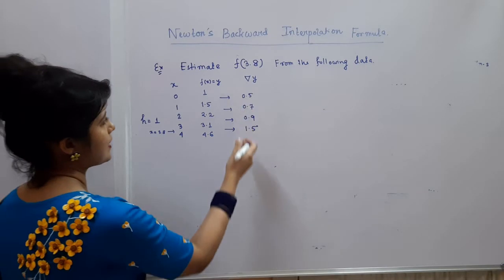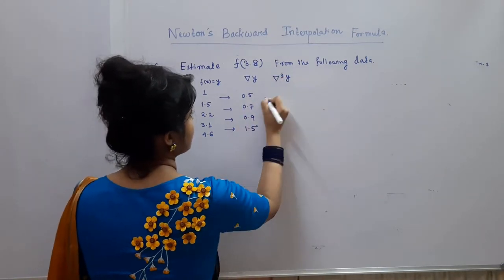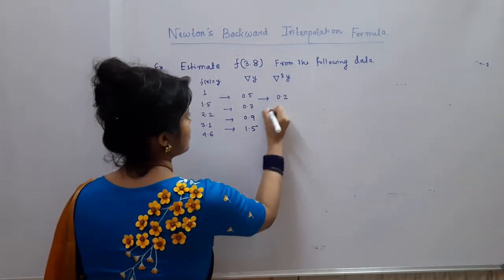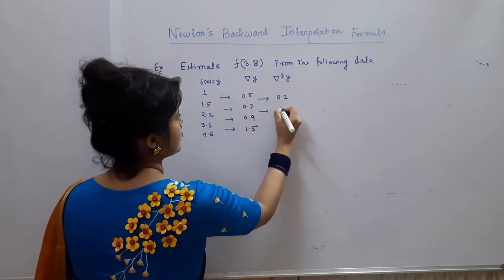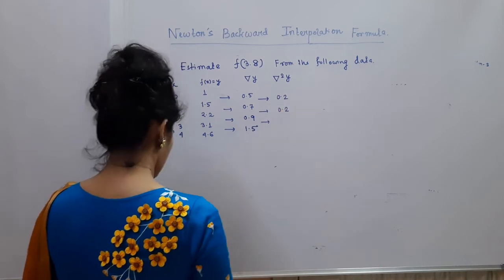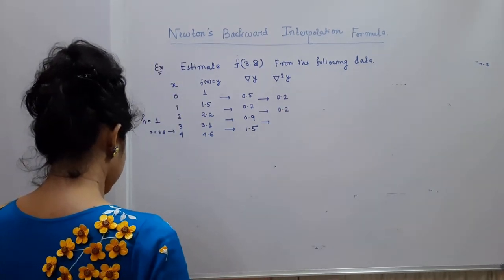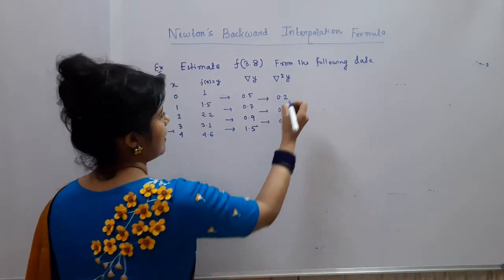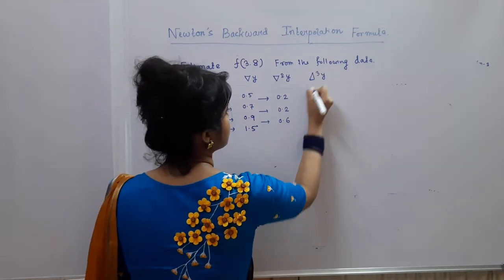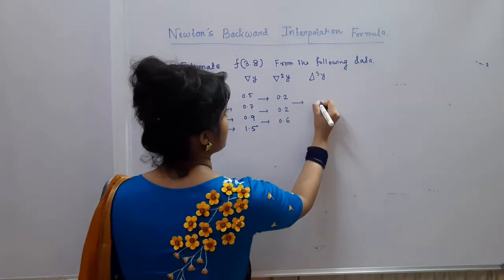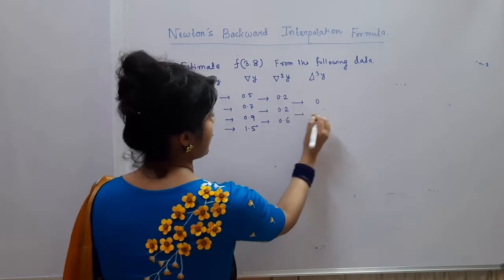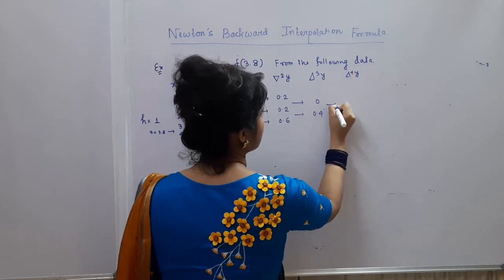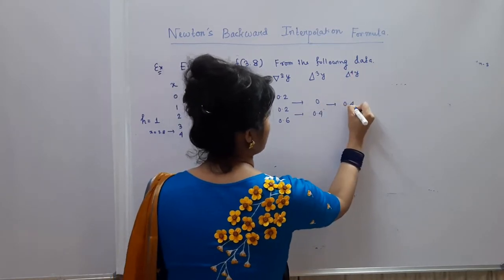So this is the first difference table. Then the second difference: 0.7 minus 0.5 is clearly 0.2, 0.9 minus 0.7 is again 0.2, and 1.5 minus 0.9 is 0.6. Now the third difference: 0.2 minus 0.2 is 0 and 0.6 minus 0.2 is 0.4, and the fourth difference is 0.4 minus 0, that is 0.4.